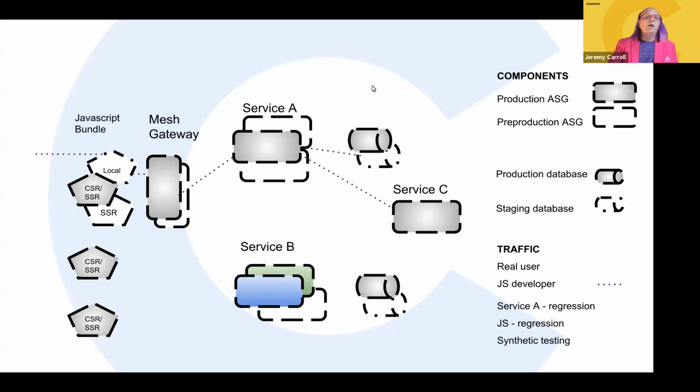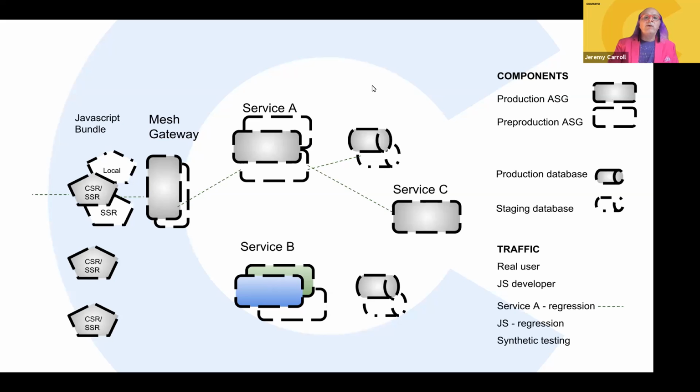A local JavaScript developer may have their own code locally, and their traffic goes into their local system and then goes through the mesh gateway and the production versions of all the services, but hits the staging databases at the back. This separates the local development from the production traffic.